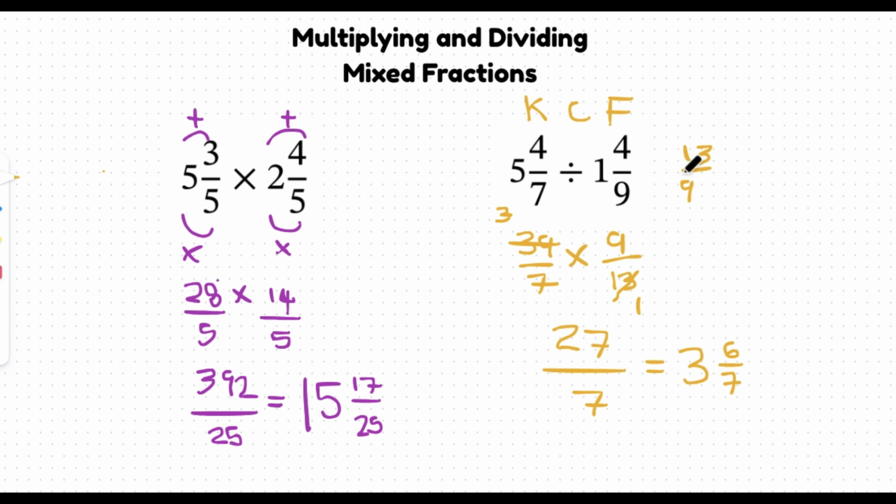Then the last part you flip it. Whatever was a numerator becomes a denominator, whatever was a denominator becomes a numerator. Then we are back at multiply. We either go straight, then simplify, or we check the diagonals for common factors. If there are common factors, you simplify so that the sum will be easier for you.